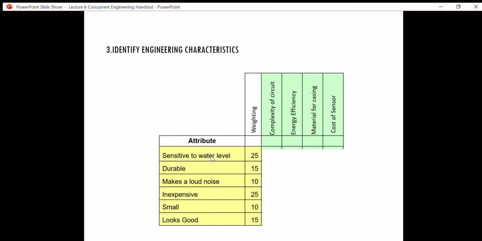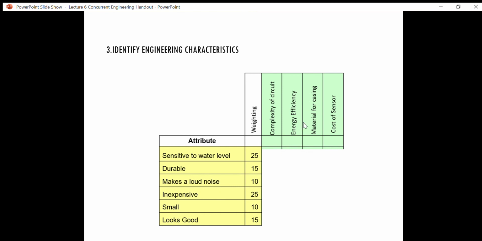Even though it will also relate to make a lot of noise, maybe the circuit becomes complex when we make a loud noise, for example. Energy efficiency is also one of the engineering characteristics we need to consider, because when we use the highest noise and the sensitivity to water, we use a good sensor, so it will involve energy efficiency.